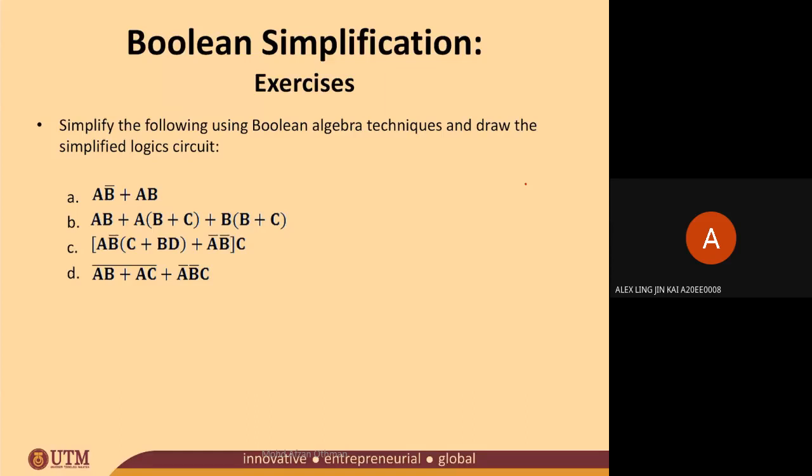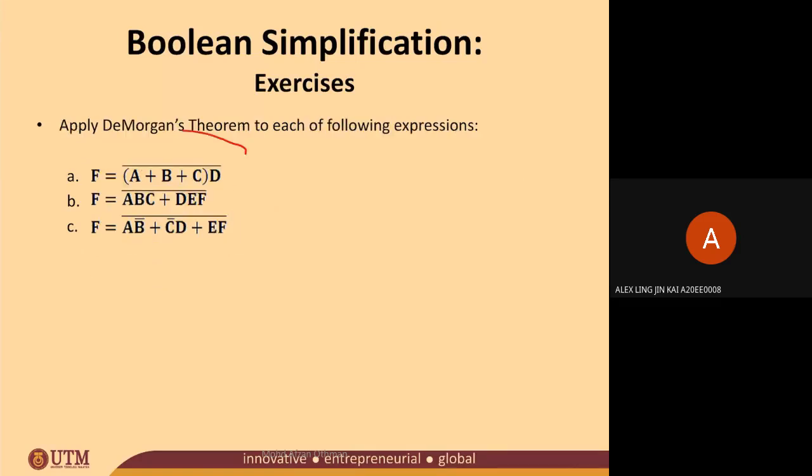It's all based on the 12 rules. The tougher one maybe uses the Morgan theorem, but I think if you try, you can solve the expression. Actually, it's just for you to simplify the Boolean equation, and from that Boolean equation, you can reduce the number of gates being used.